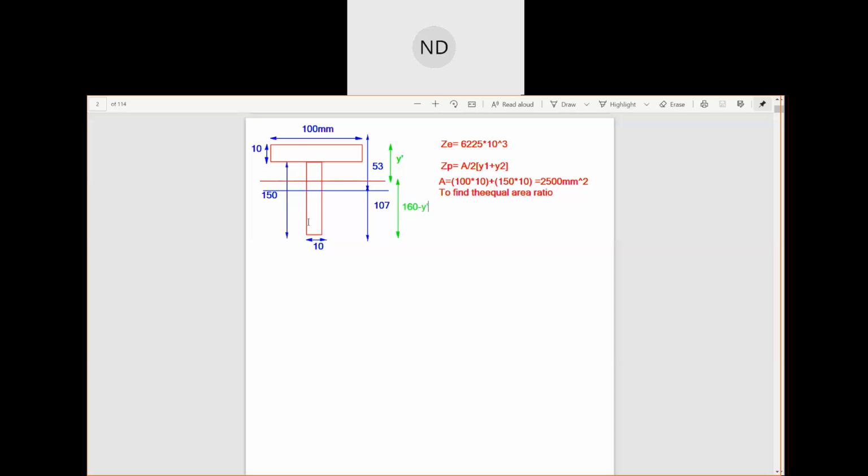Now this area should be half of this 2500. So let me take it to be red. Now you see, it will be 160 minus y dash into 10.